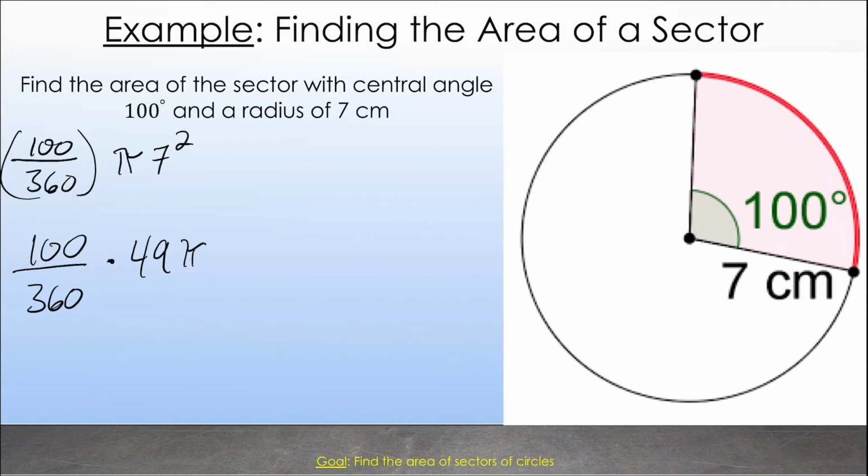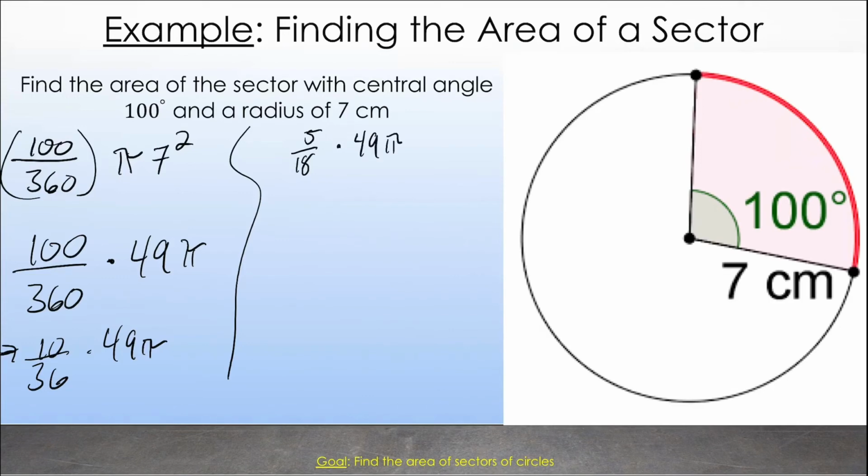We can say this is 10 over 36, and I'm just simplifying this fraction right here. Divide both of those by 2, I get 5/18 times 49 pi.